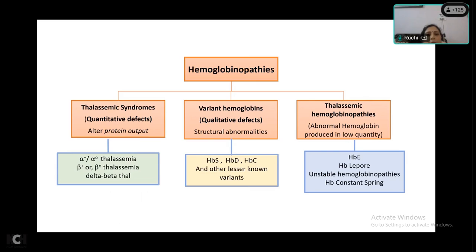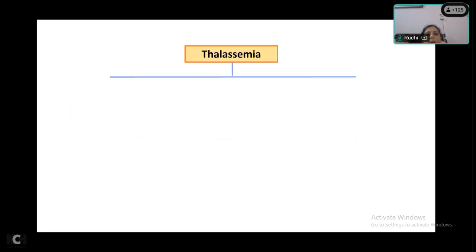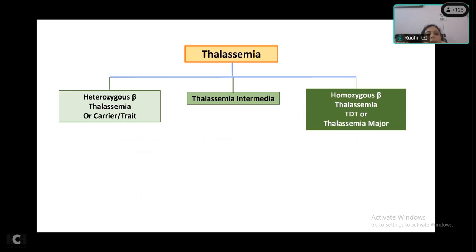But when we are talking about thalassemia, on one end of the spectrum we have the thalassemia heterozygous states, where one of the beta globin genes is affected, and we commonly call them carrier or trait.